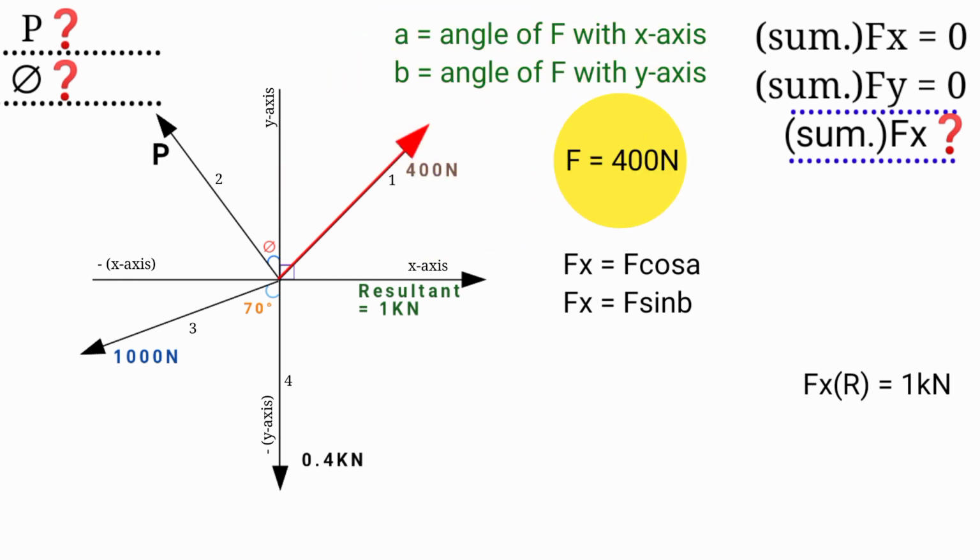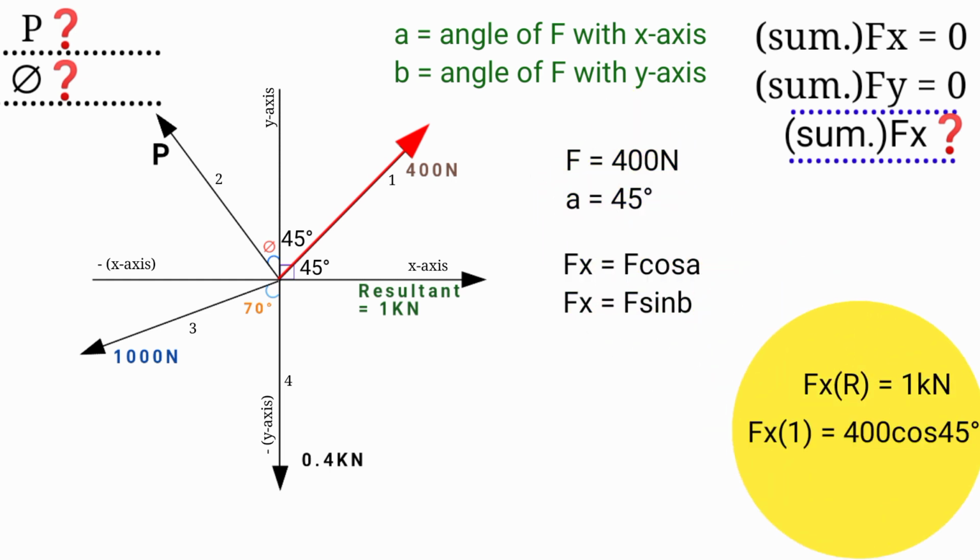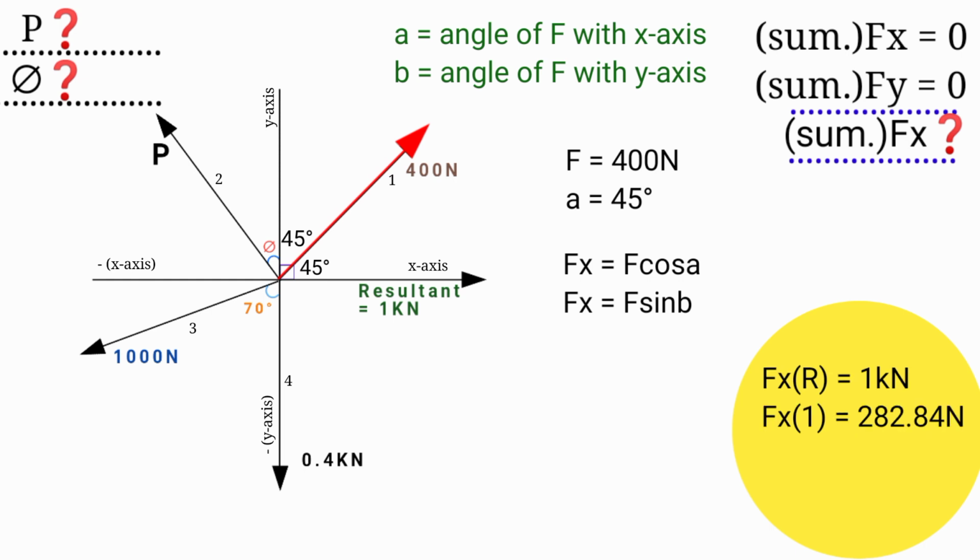So here, F is 400 Newton, and if you look, the force bisects this right angle here. 90 over 2 is 45 degrees, so A, which is the angle inclined with the x-axis, is 45 degrees. Substituting here now, f of x for 400 Newton is 400 cos 45 degrees, which if we press the calculator equal to 282.84. So f of x equal to 282.84 Newton.